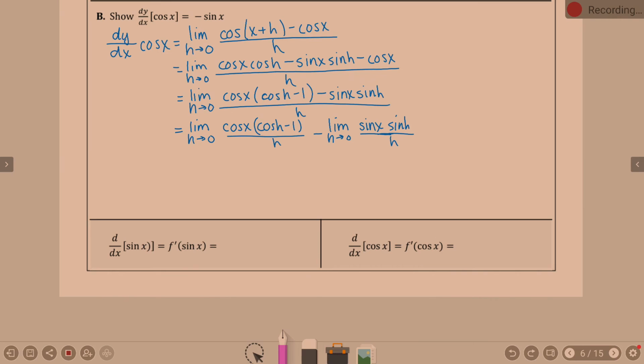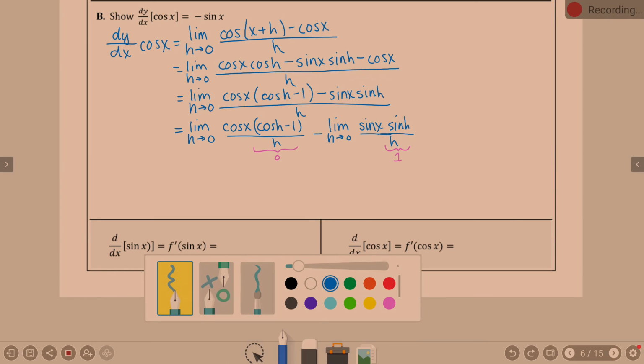Cosine h minus 1 over h and sine h over h have their own little special things they go to, right? Cosine h minus 1 over h is going to go to 0. Sine h over h is going to go to 1.